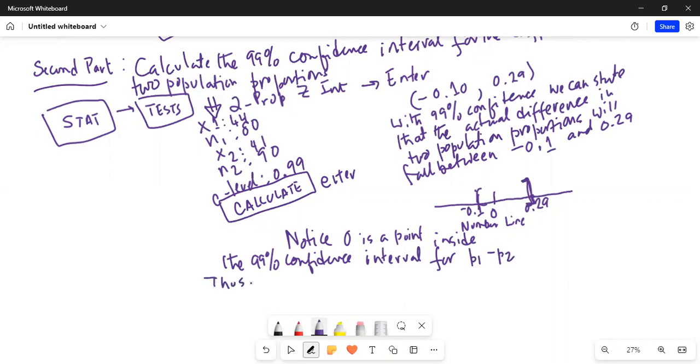Thus, a possible value of P1 minus P2 could be 0.